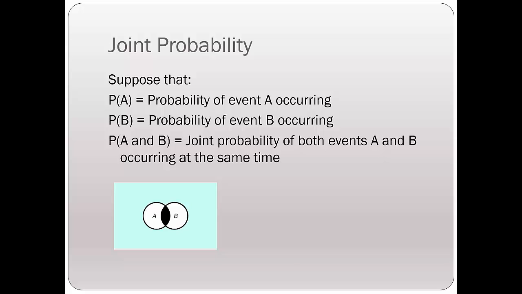In a Venn diagram, if this circle represents the probability of A and this circle represents the probability of B, then this common area is where both A and B are true. That probability is called the joint probability, A and B.